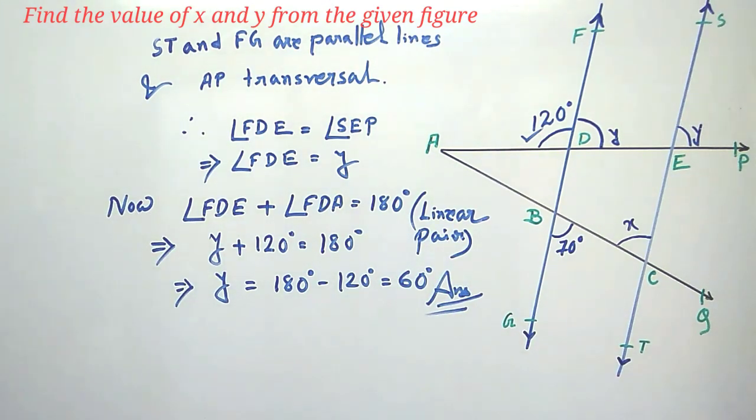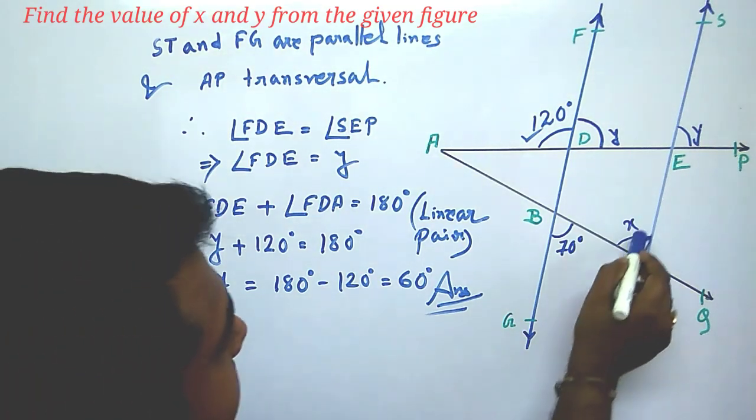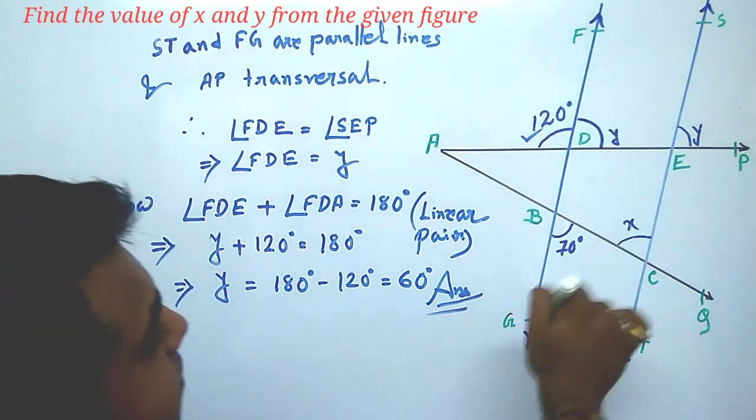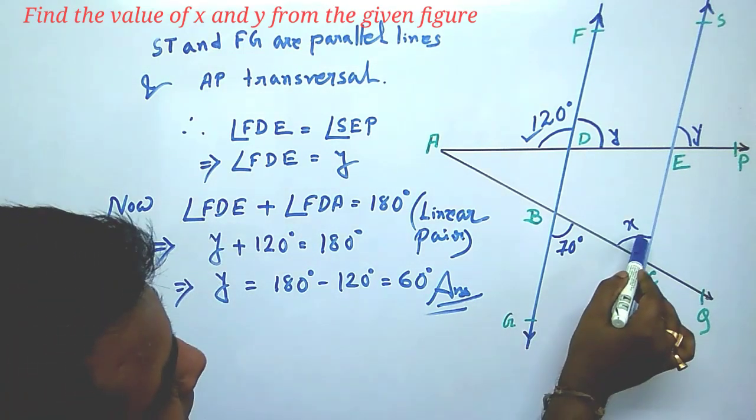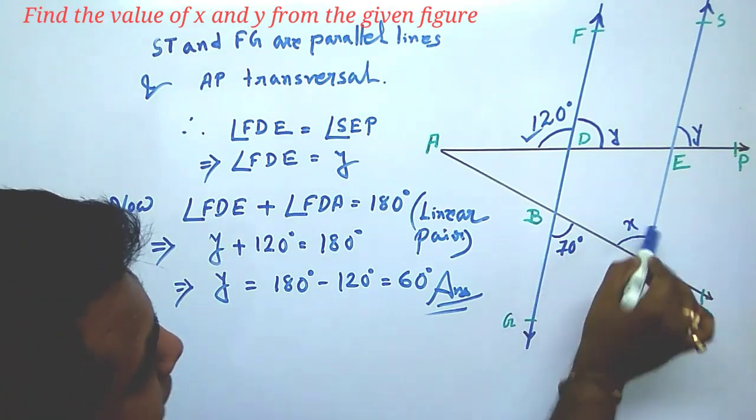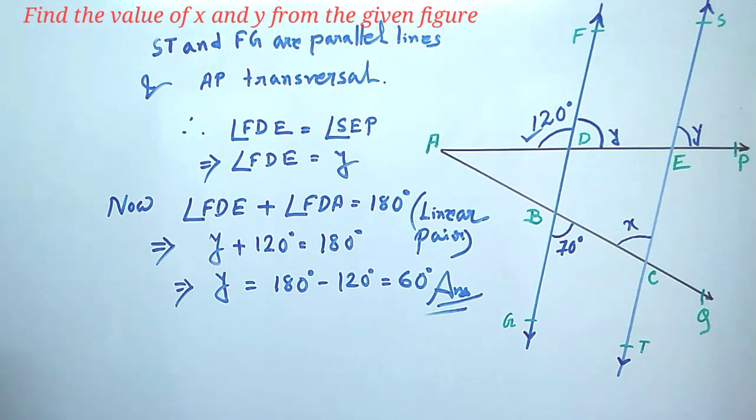Okay. Now I will show how to find out the value of x. See, if these two lines are parallel and AQ is transversal, so definitely x and 70 degree are alternate angles. So first what we will write here? ST and FG are parallel lines, but here AQ is transversal. So what we will write now?